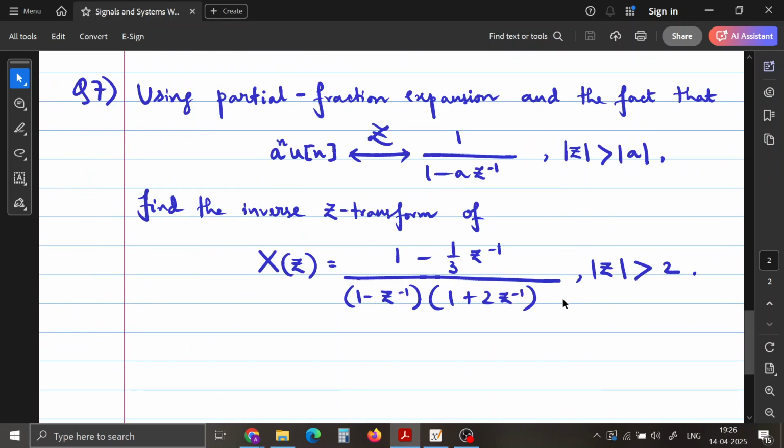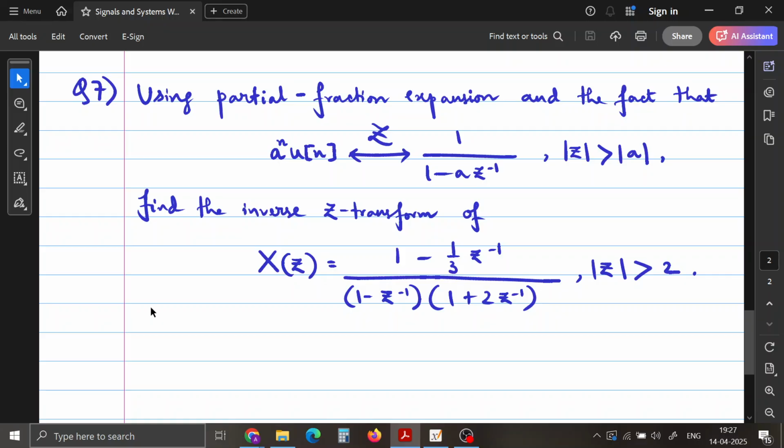Now moving on to the seventh and final question for today. Here we are going to go from x of z to x of n, small x of n.